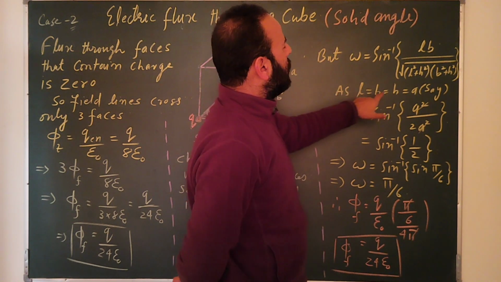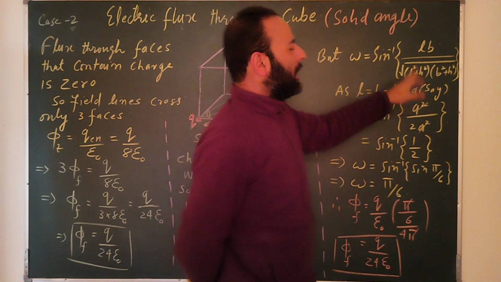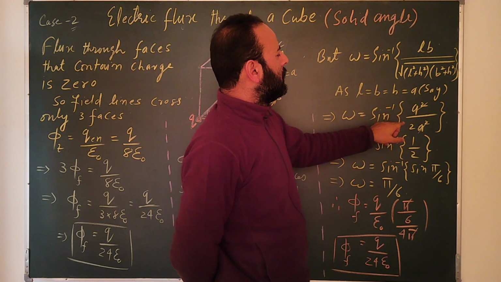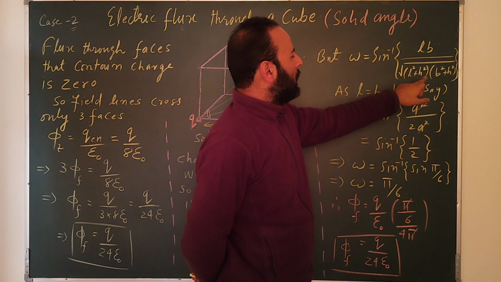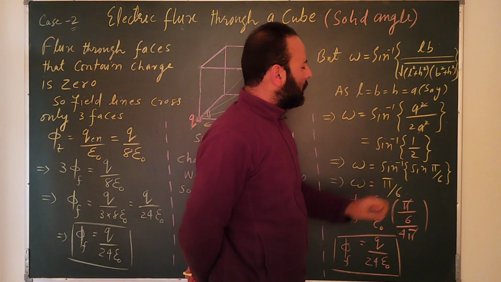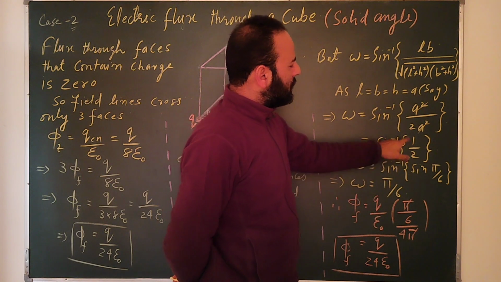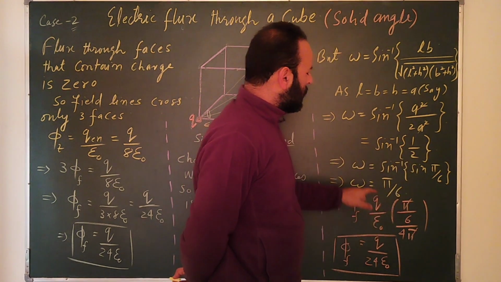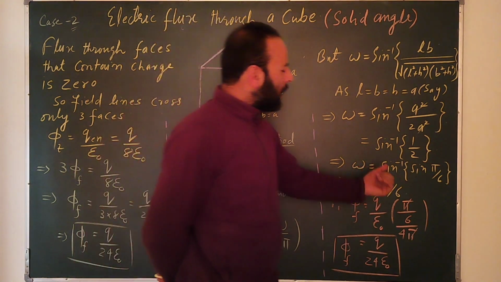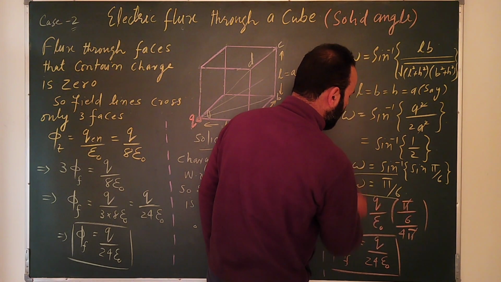As length is equal to breadth is equal to height for this case, that is a cube, suppose equal to a, then omega is equal to sine inverse of a square divided by 2a square, so omega is sine inverse 1 by 2. Sine inverse 1 by 2 is pi by 6, so omega is equal to pi by 6, right? Now we have calculated the solid angle, so solid angle is equal to pi by 6.